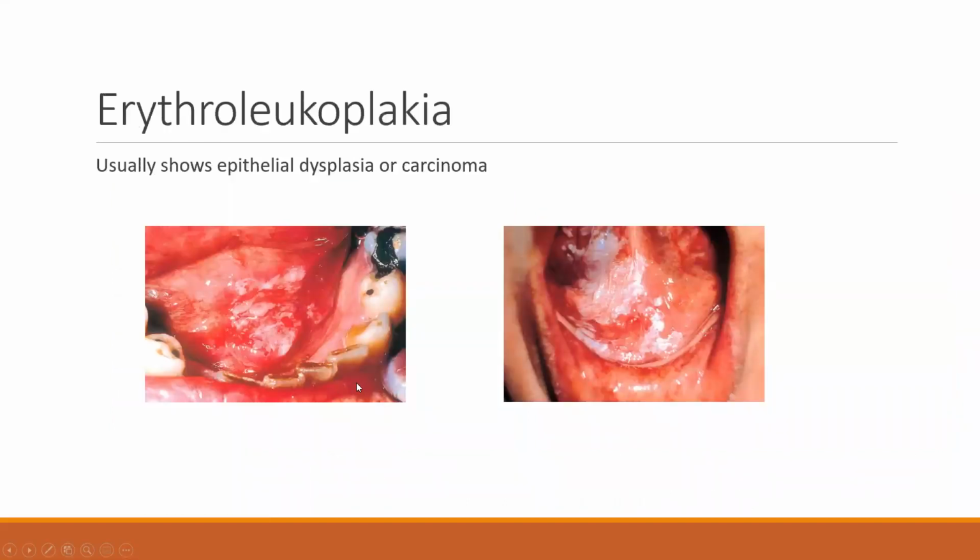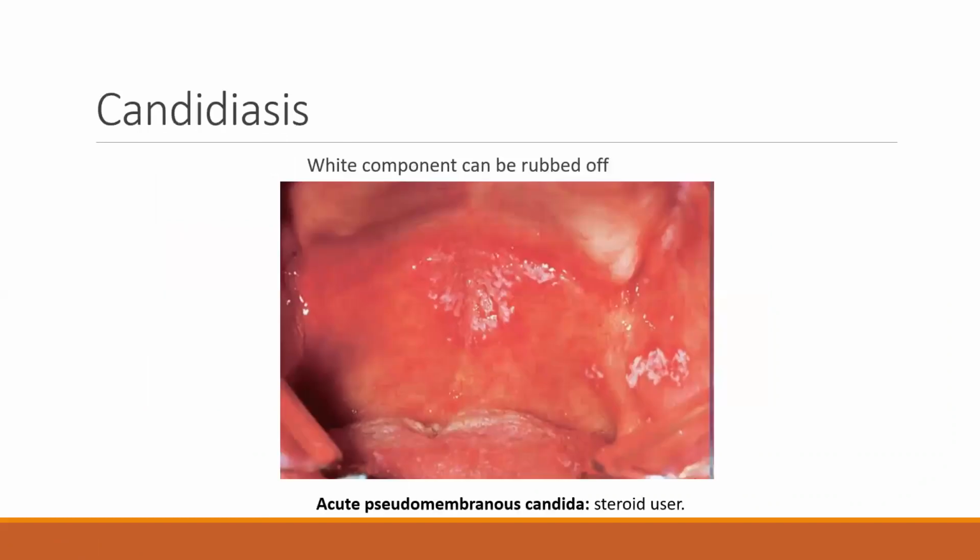Next example of red and white lesion is erythroleukoplakia. It's simply called erythroleukoplakia because it has both red and white lesion, especially in this area in the floor of the mouth. It is to be biopsied whenever we see this because it has a high rate of malignant transformation.